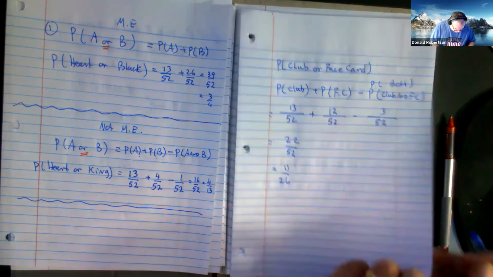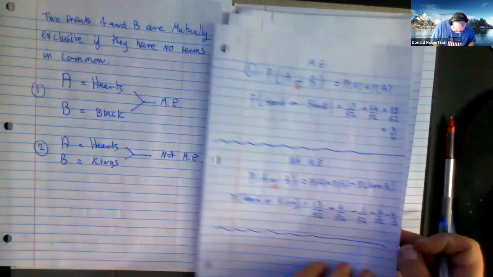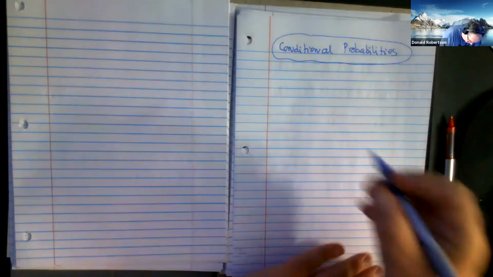So let me now move on away from mutually exclusive and talk about another property that is used in probability. It's called conditional probabilities. And they're written typically like this.